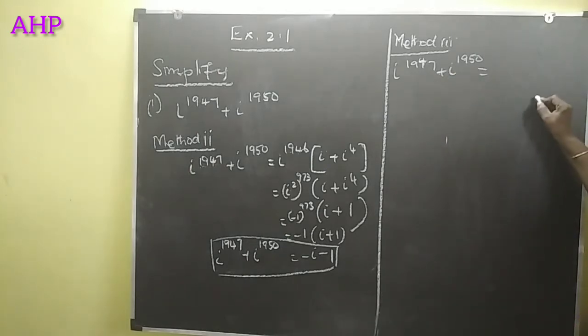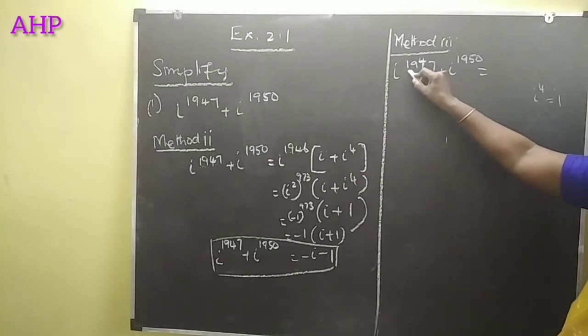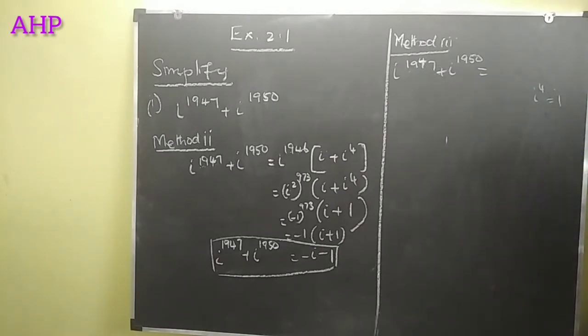We know that i^4 is equal to 1, so let us try to write these numbers as a multiple of 4 plus a remainder. 1947, if you divide by 4, you get 4 4s 16, 34, 8 4s 32, 27, 6 4s 24, balance 3.